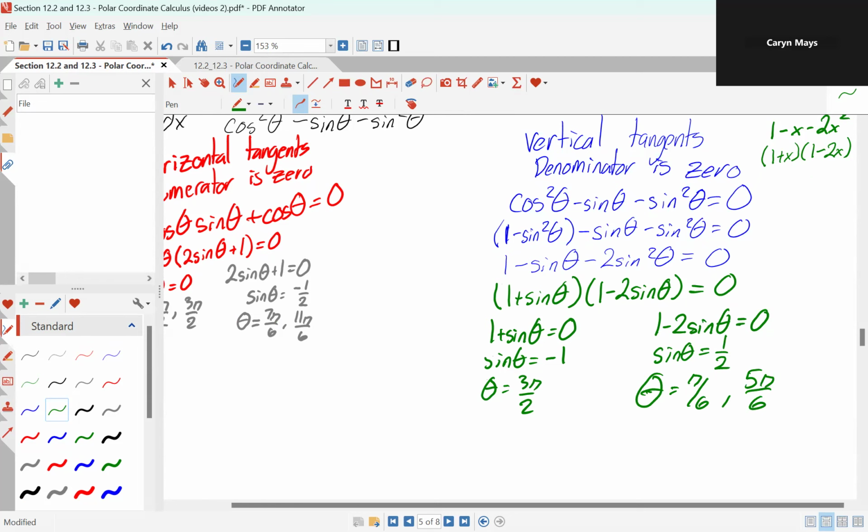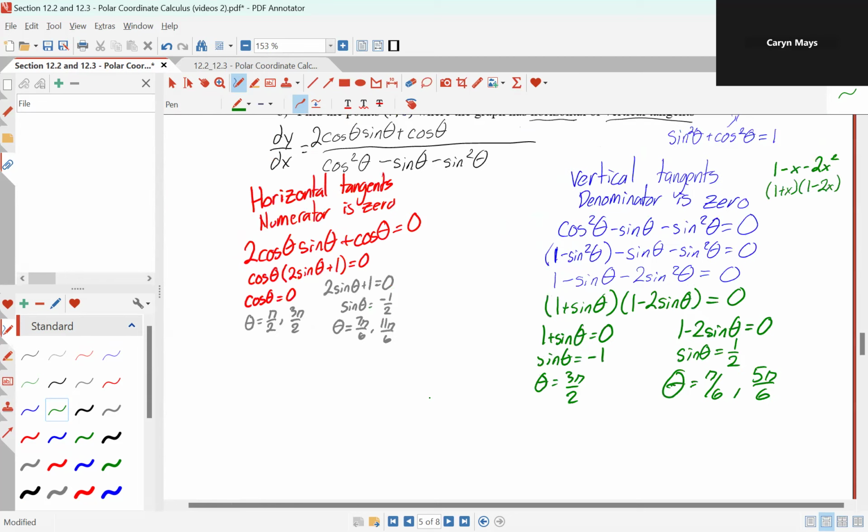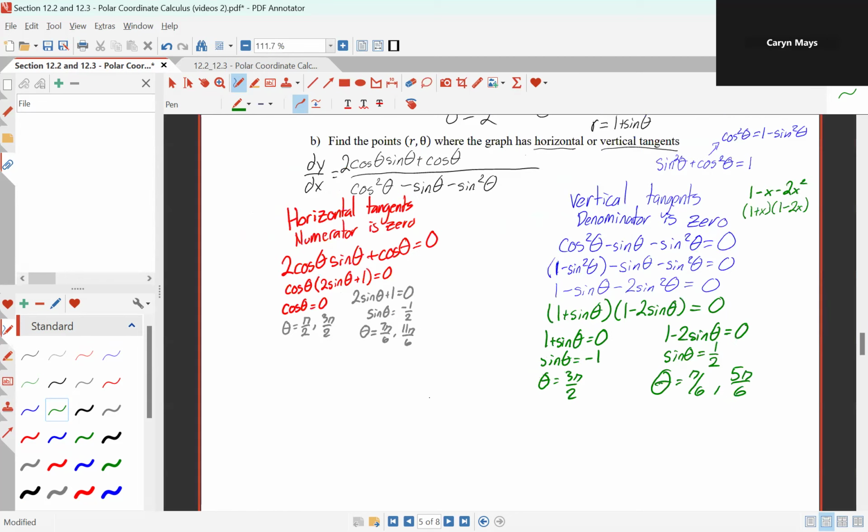So now we have our list, but you may have caught something. 3 pi over 2 appears in both sections. Something cannot be both a vertical and a horizontal tangent, so we have to figure out which one it actually is.